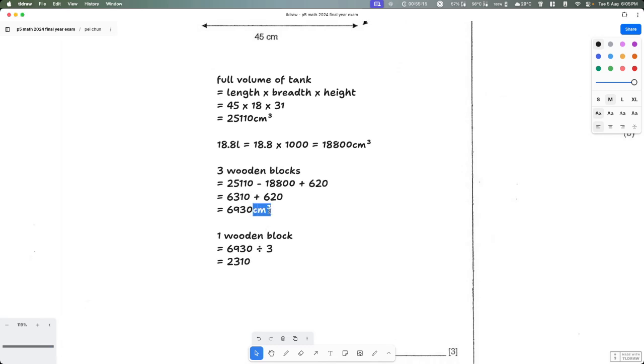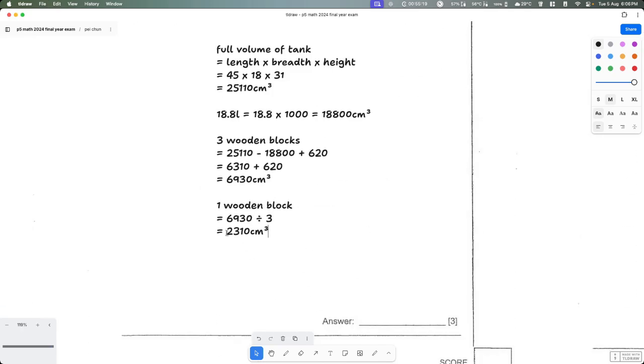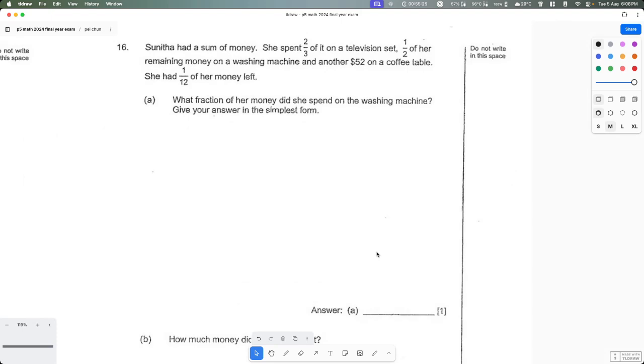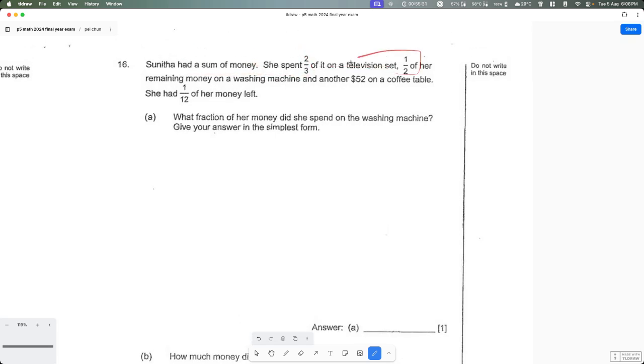So that's the answer, 2310 centimeter cube. So for the volume, I'm going to put centimeter cube over here. All right, so let's move on to question number 16. Sunitha had a sum of money. She spent two-thirds of it on a television set, half of her remaining money on a washing machine, and another $52 on a coffee table.